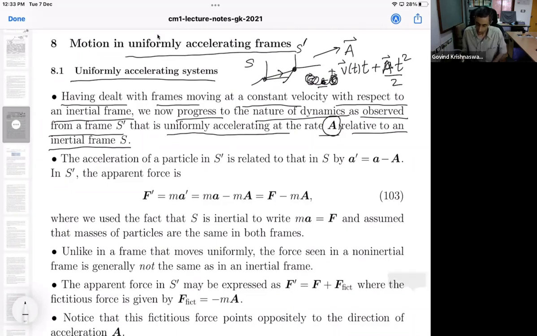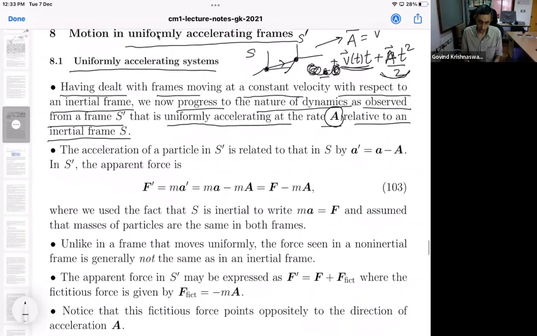The main thing is that the difference between the two origins is not simply given by v times t, where v is relative velocity, but also an additional term, where a is equal to v dot. V dot is a constant here.